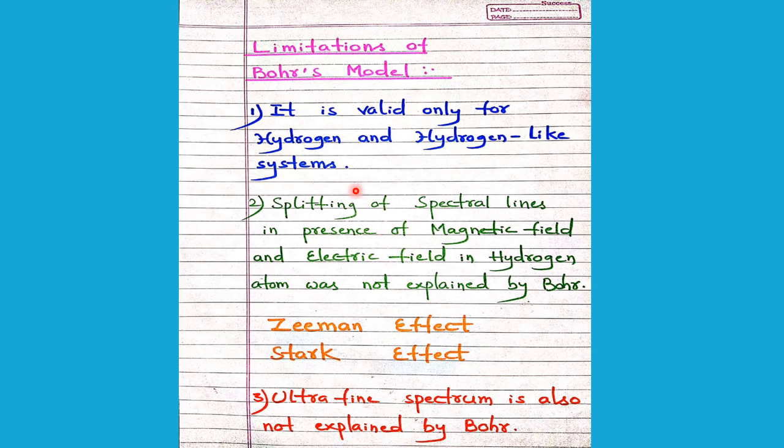Point number 1. It is valid only for hydrogen and hydrogen-like systems. For other atoms, it is not valid. That's why this is a limitation. Second, the splitting of spectral lines in the presence of magnetic field and electric field in the hydrogen atom was not explained by Bohr.